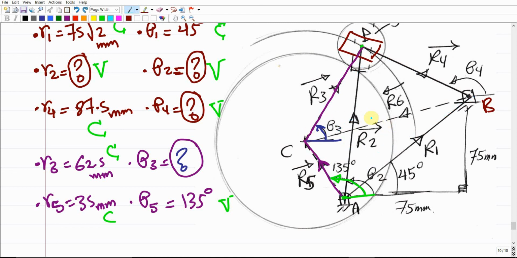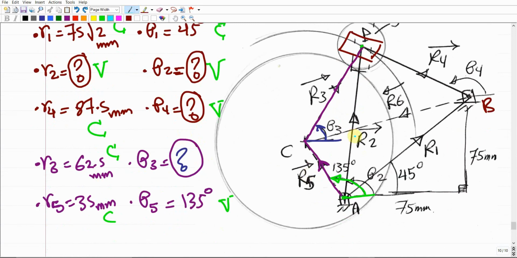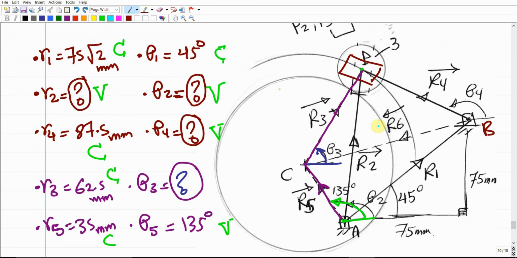But remember that the main unknown that we are seeking basically is R2. This is the main position vector that we are seeking, because once you define this R2, which had been set up between the point B and the point of rotation, it means finding R2 and theta 2 is the main objective in terms of position analysis.